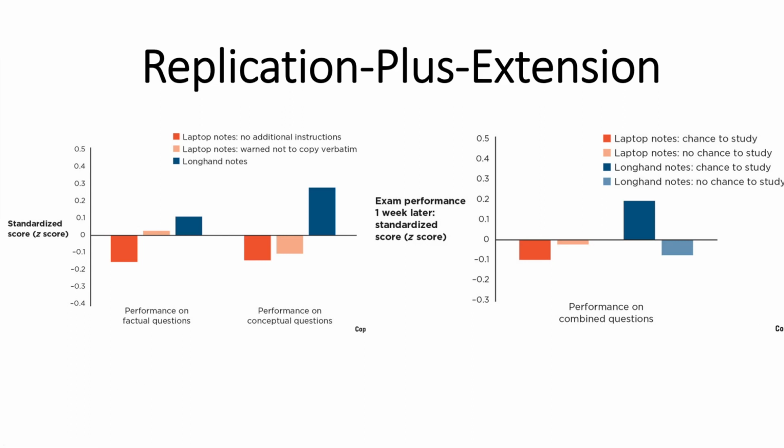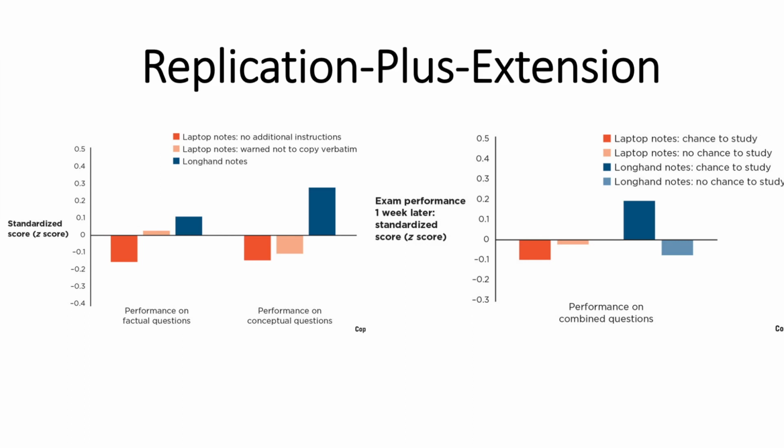So that was the original study, and you could do a direct replication of that study, but the researchers had noticed that people using laptops were taking verbatim notes. So they wondered if that verbatim copying was part of the problem.